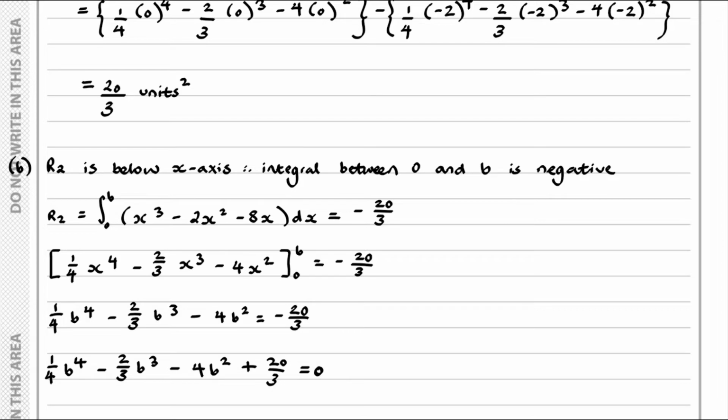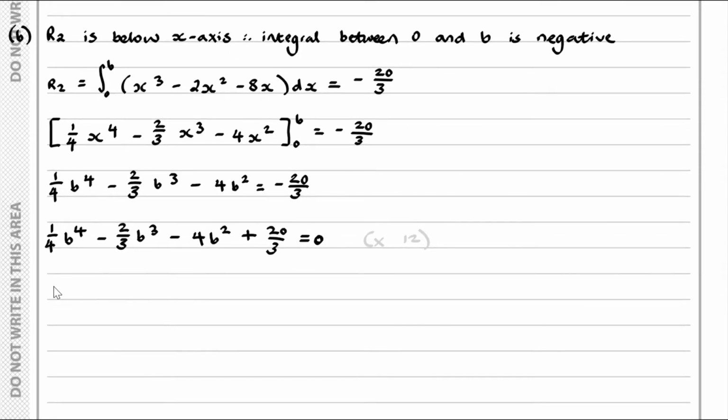And if we multiply through by 12, we end up with 3b⁴ - 8b³ - 48b² + 80 equals 0.